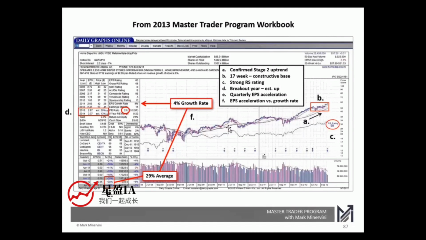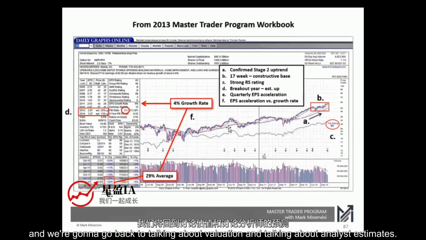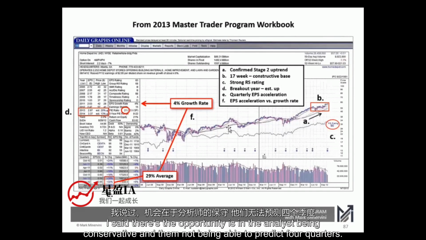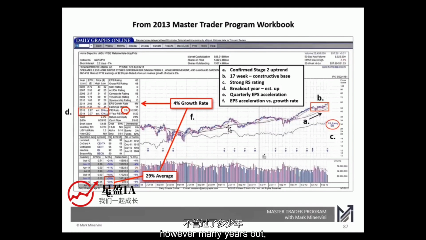Now, the thing that I want to show you, we're going to go back to talking about valuation and talking about analyst estimates. This is where I want to show you. Remember, I said the opportunity is in the analyst being conservative and them not being able to predict 4 quarters, however many quarters out, however many years out.